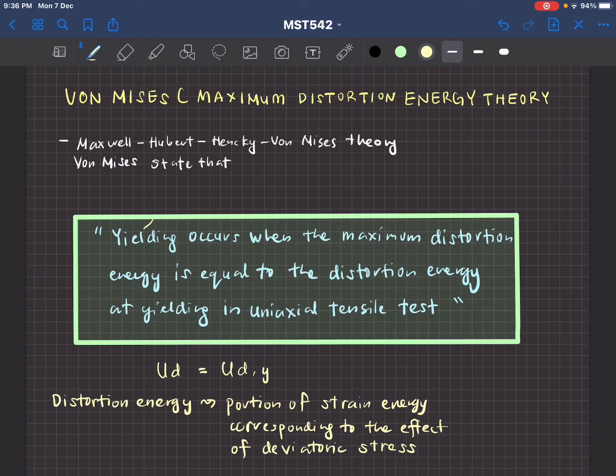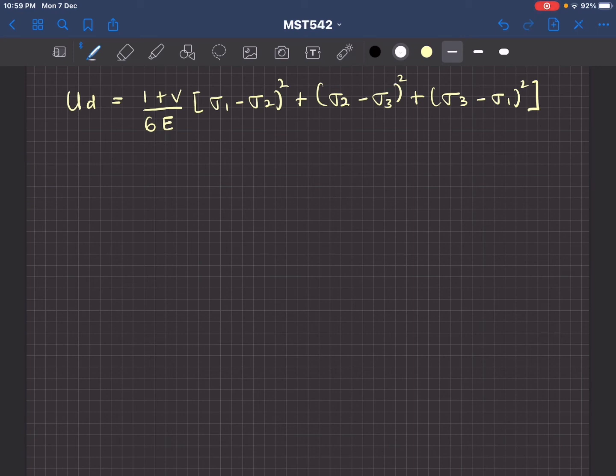And we know that at yielding during a tensile testing, the maximum principal stress is equal to the yield strength of the material.